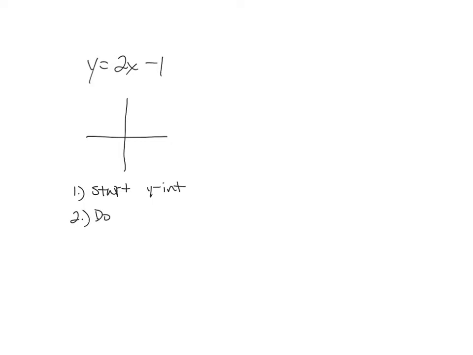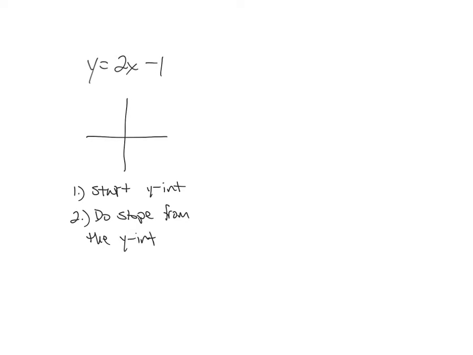All right, so now let's graph. So we looked at this, which is probably the easiest form to graph in, because you start with the y-intercept, and then do the slope from the y-intercept.